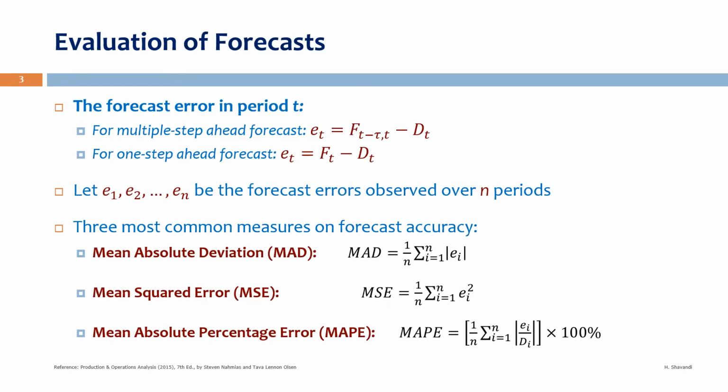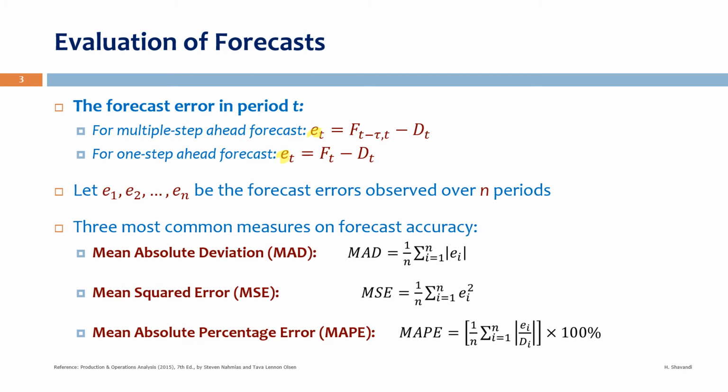Okay, now we want to see how we can evaluate the performance of a particular forecasting method. So what are the criteria to compare the performance of different forecasting methods? So here we'll consider the error, and we showed the error by E at time t, at period t, and so the error will be the difference between the forecasted value and the observed value.